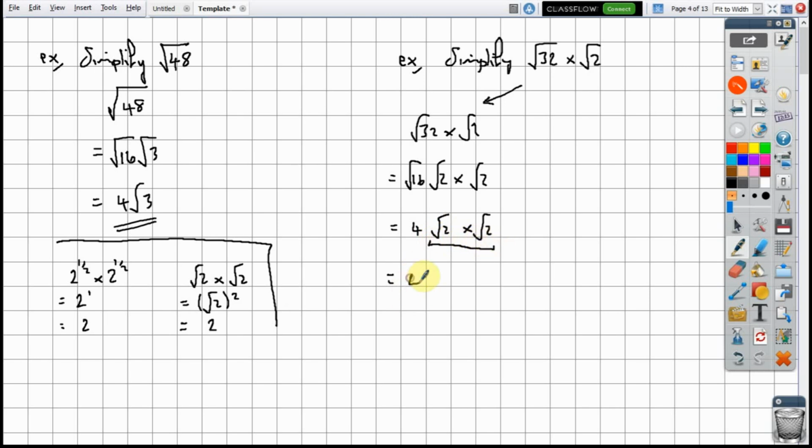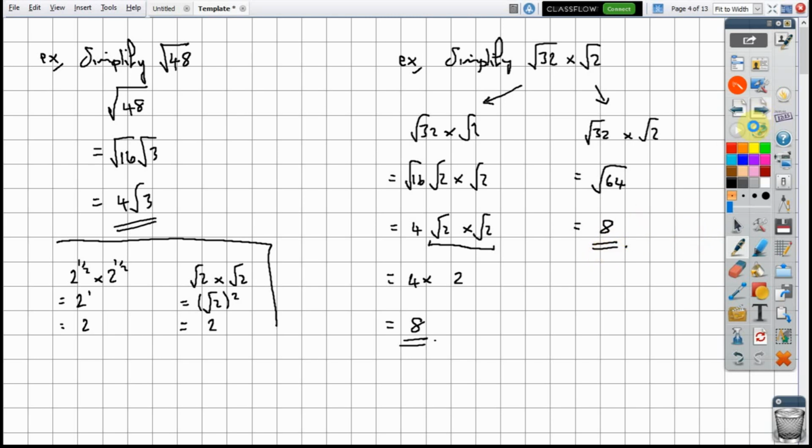But however you do it, the final answer is a very easy 8. But if you noticed, this is actually the same thing as root 64, which is just 8 straight away. So we could go that way.